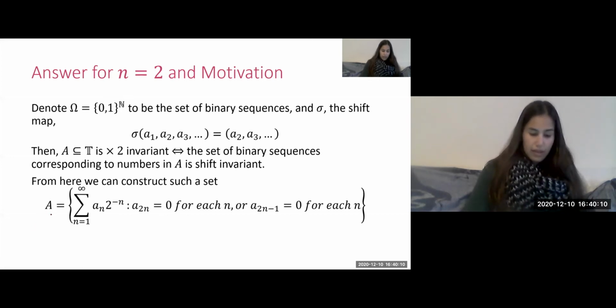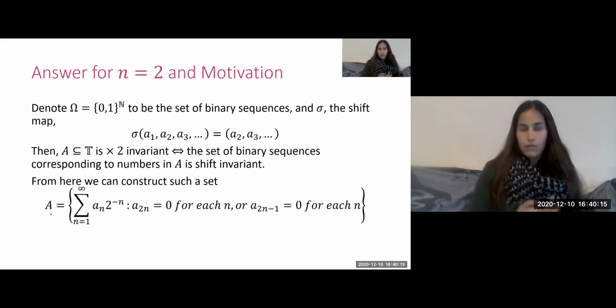We can take the set of binary vectors which have zeros in all the odd coordinates or zeros in all the even coordinates. So clearly this is shift invariant, because if you shift something that has zeros in the odd coordinates, you get something with zeros in the even, and vice versa.